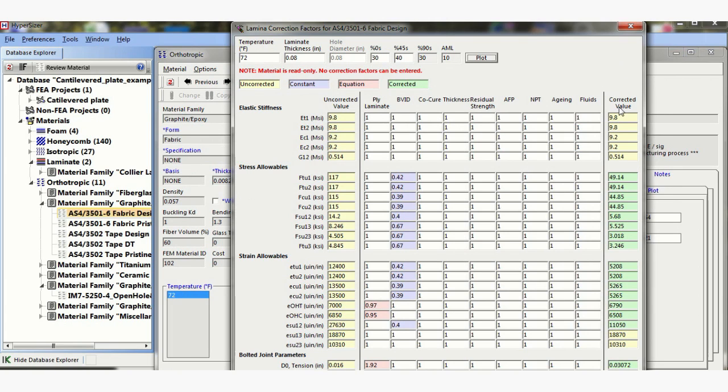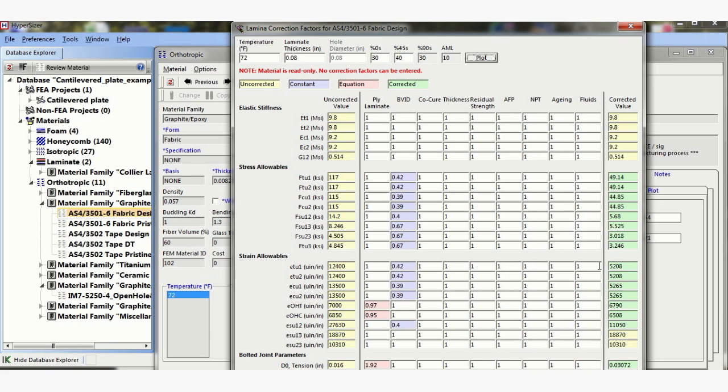So what happens is these are the corrected values. So when we do our analysis, the ply-by-ply analysis, and we look at the 0, 45 and 90 degree directions for each ply, these are the allowables that are used. And notice here, we say this strain allowable for let's go to compression. These don't look really very correct.